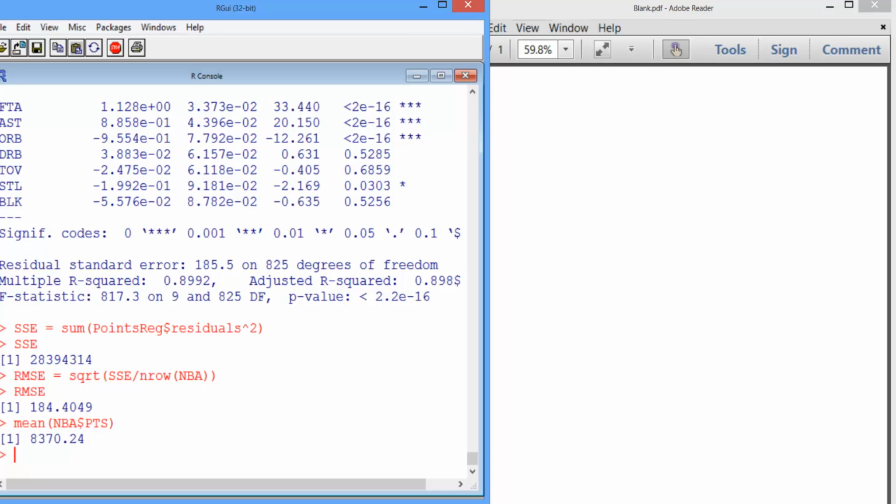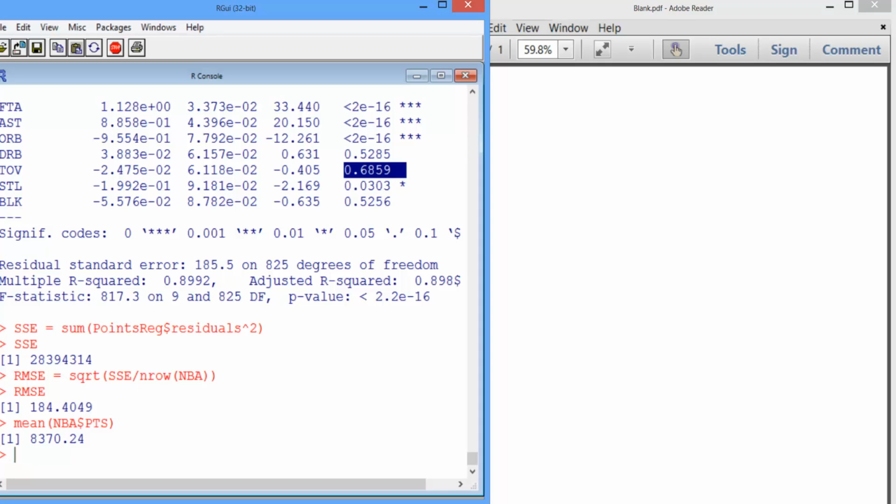If you recall, not all the variables were significant. Let's see if we can remove some of the insignificant variables one at a time. So the first variable we would want to remove is probably turnovers. And why do I say turnovers? It's because the p-value for turnovers was the highest, which means that it's the least statistically significant in our model.